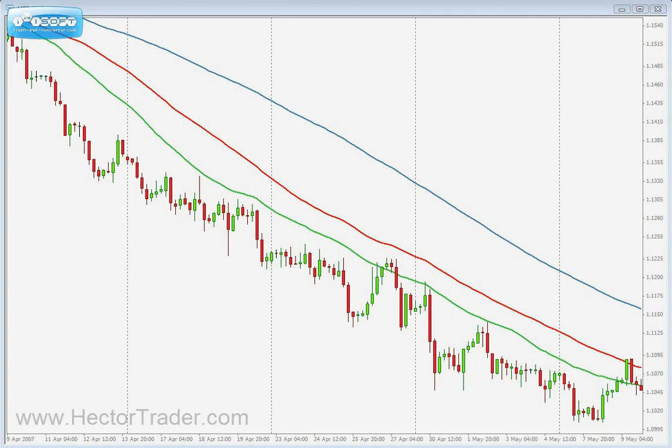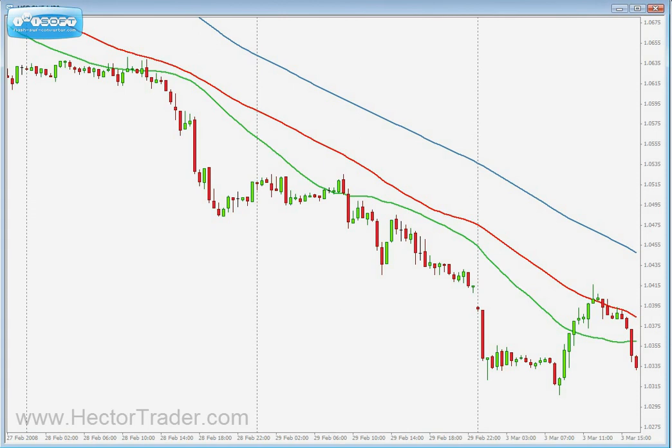You mostly like to look for possible trading opportunities on the hourly time frame or the 30 minutes time frame. Let me show you another chart. That's the USD against the CHF, the Swiss franc, on the 30 minutes time frame. It's one of the favorite time frames for intraday traders.